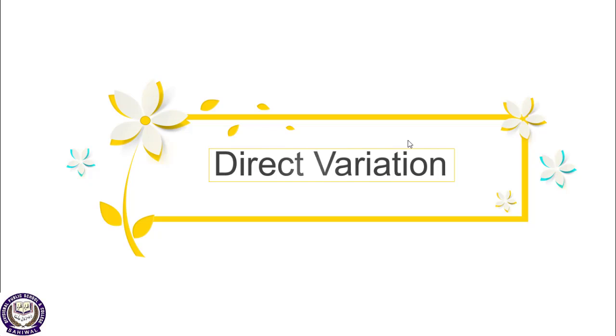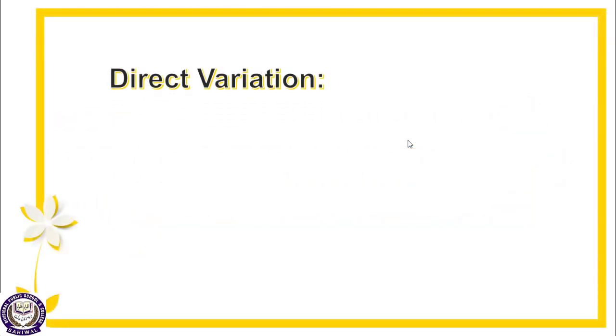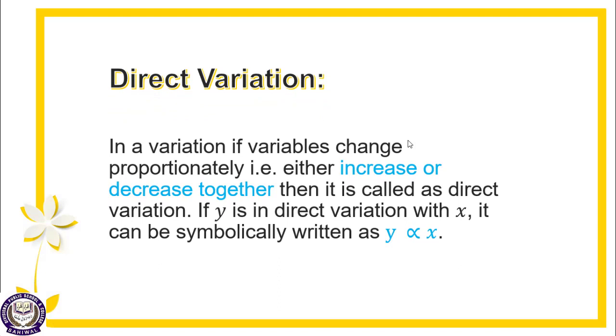So what is direct variation? When we discuss direct variation, it means a variable changes proportionally. Changes proportionally means if one increases, the other increases. If one decreases, the other decreases. Or we can say that they increase or decrease together.